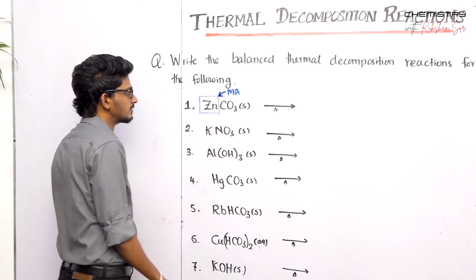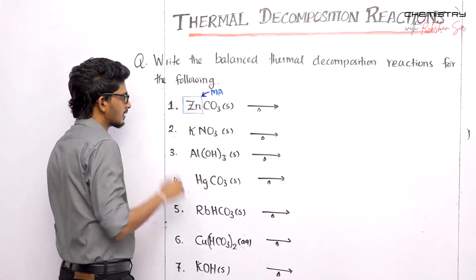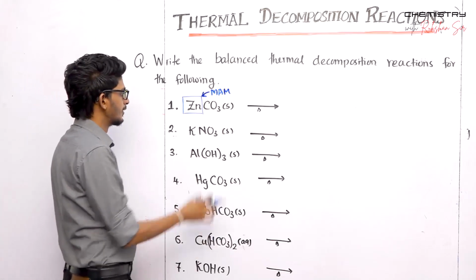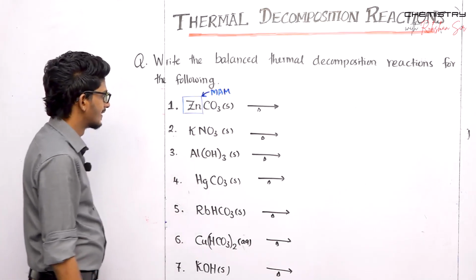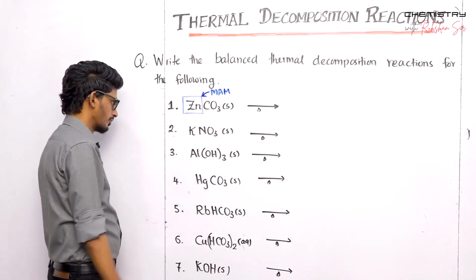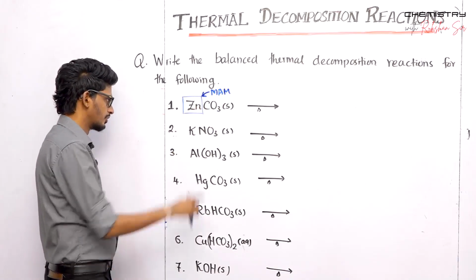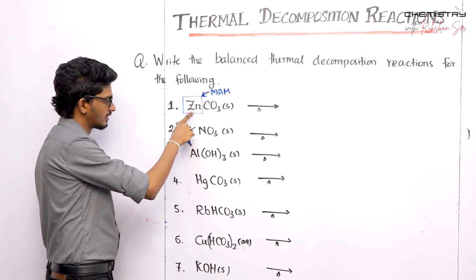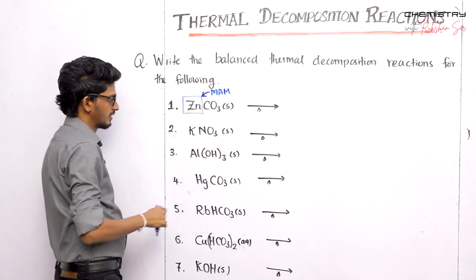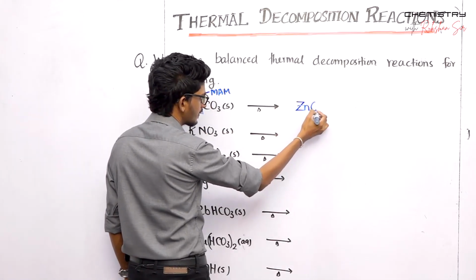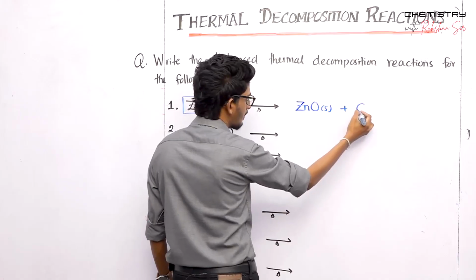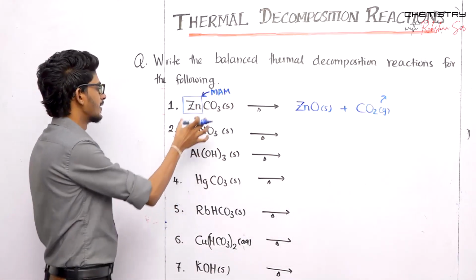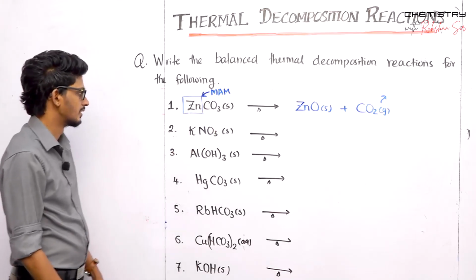So those will give you oxide forms. Zinc will give you zinc oxide, and carbon will give you carbon dioxide, as this comes under moderately active metal compounds.